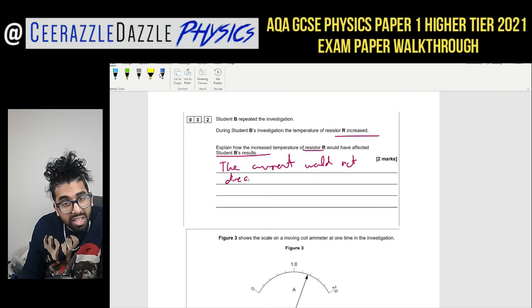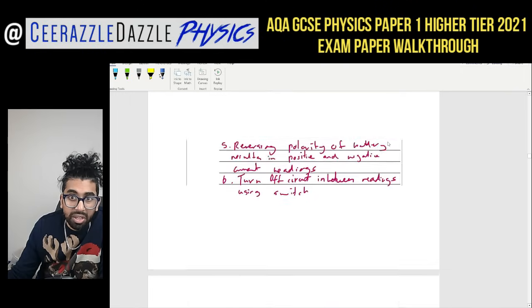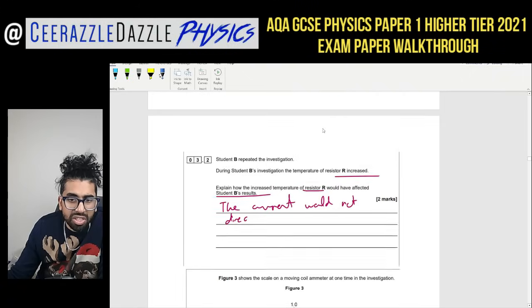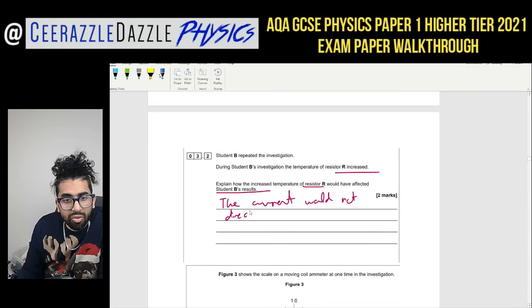So don't forget, previously in this one, because it's a fixed resistor, hopefully we can remember that it would be a directly proportional graph, yes? Because voltage is proportional to current because it's a fixed resistor. But now, because you're changing the resistance, current would not be directly proportional to the voltage, to the PD.